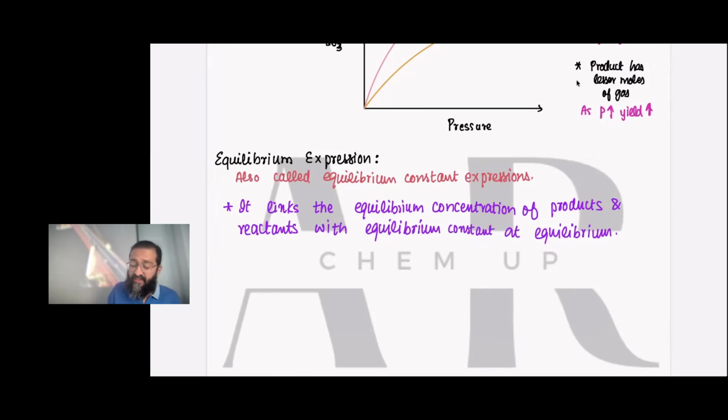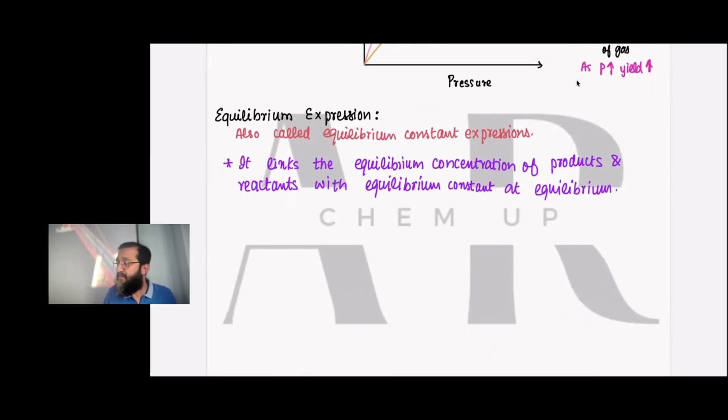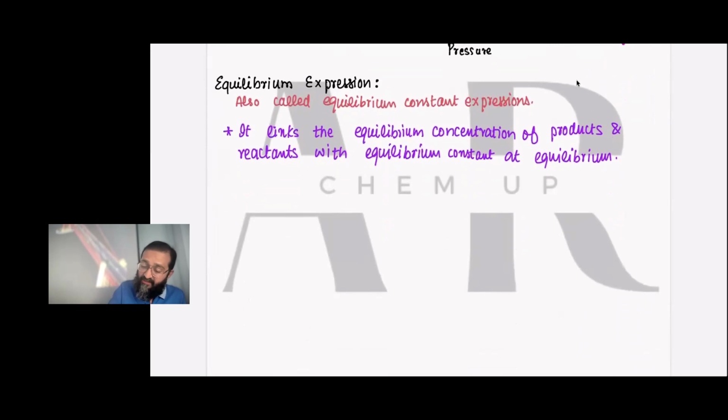So when we take the ratio of the products and the reactants, we call that ratio the equilibrium constant.